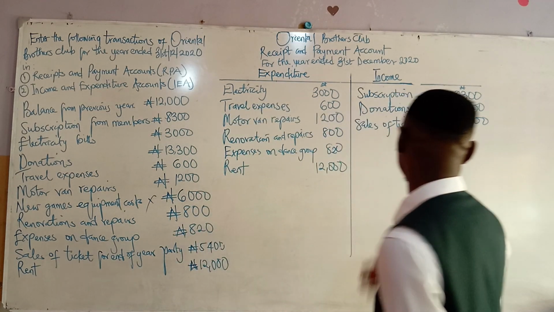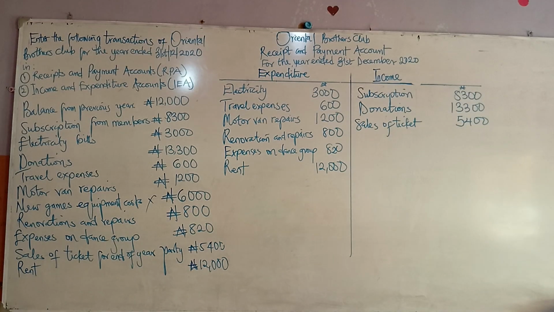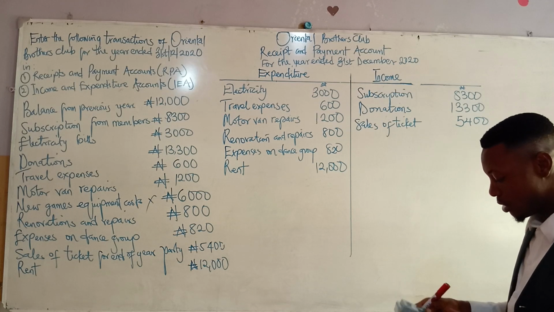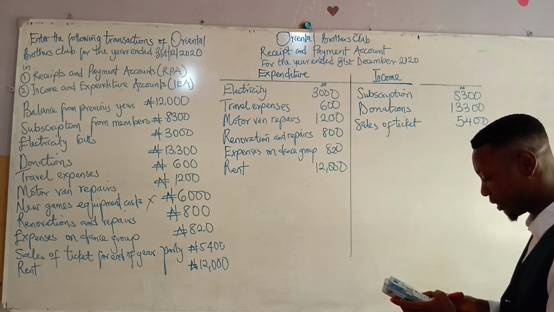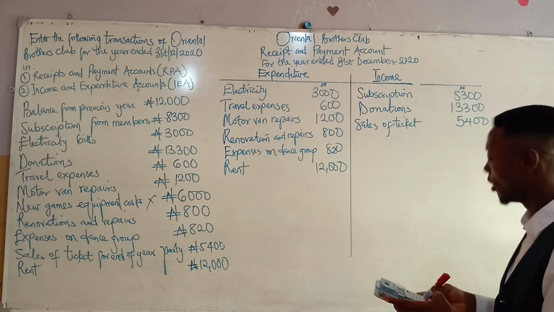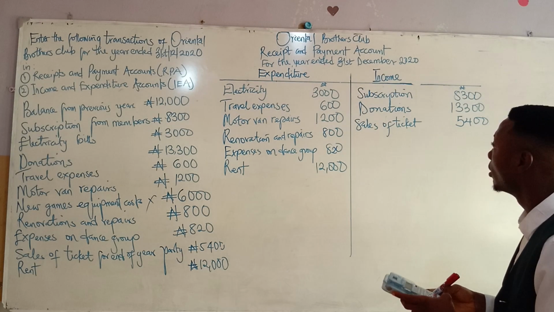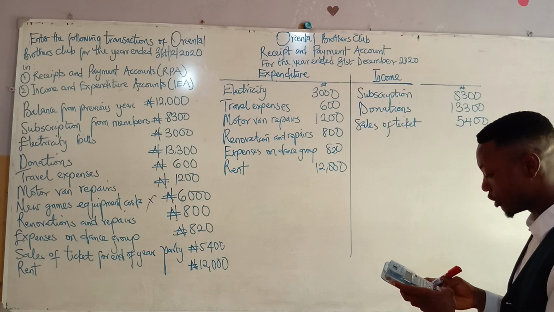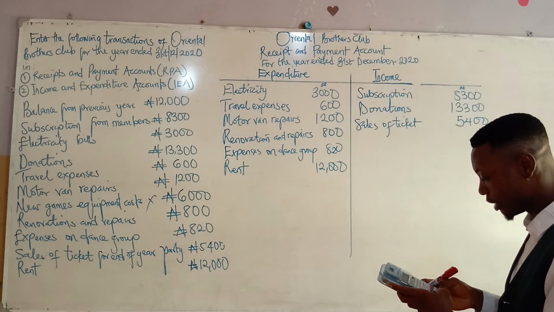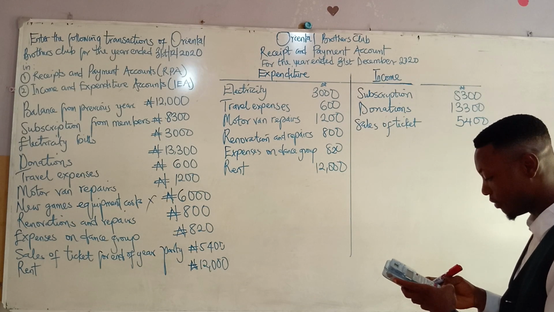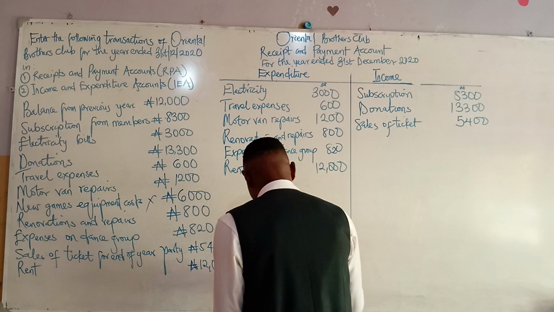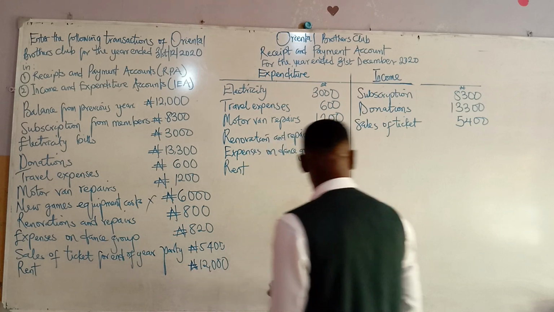Then we add all our expenses together. Now, let me add all the expenditure first. Under our expenditure, we have 3,000, plus 600, plus 1,200, plus 800, plus 820, and plus 12,000. And that gives us a total of 18,420.